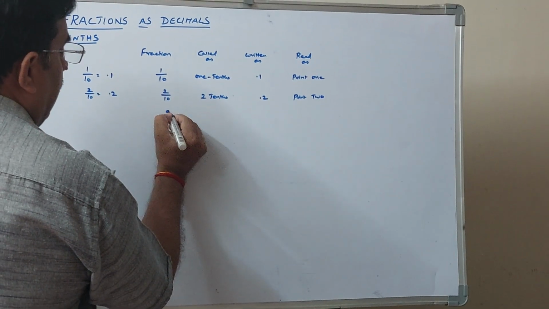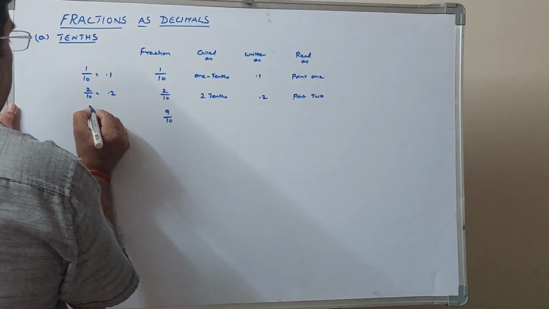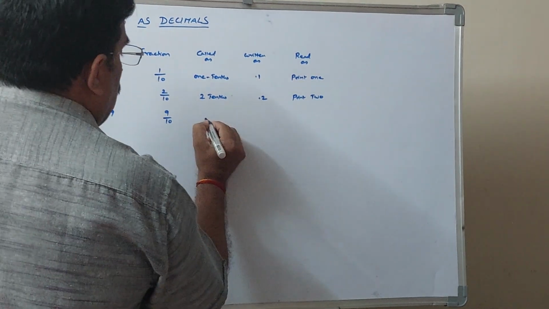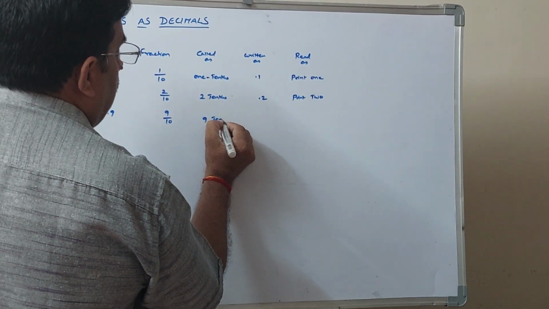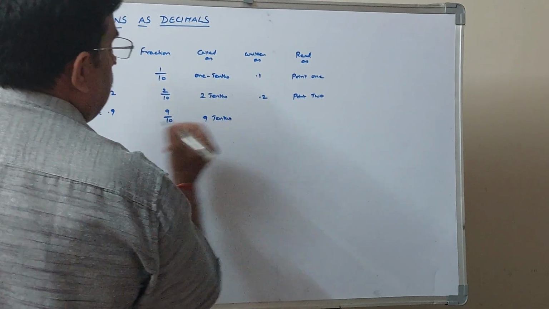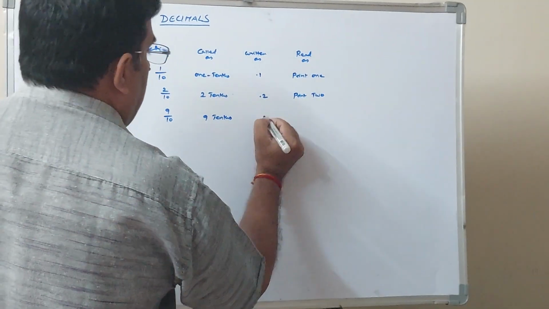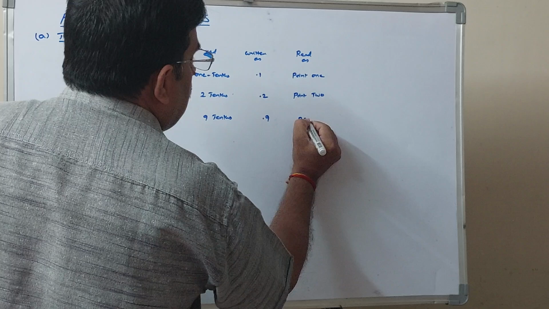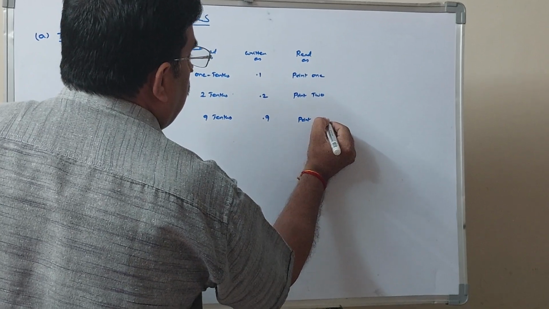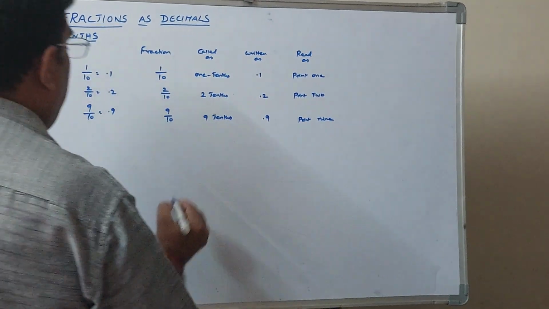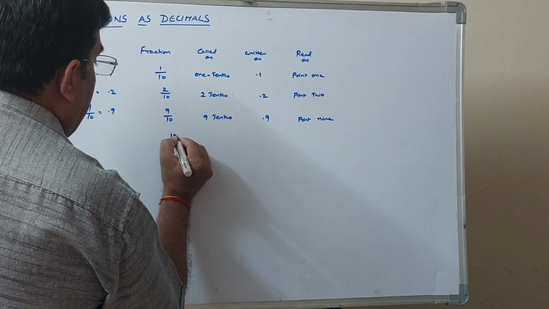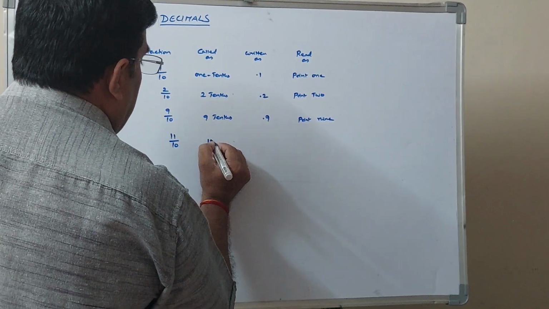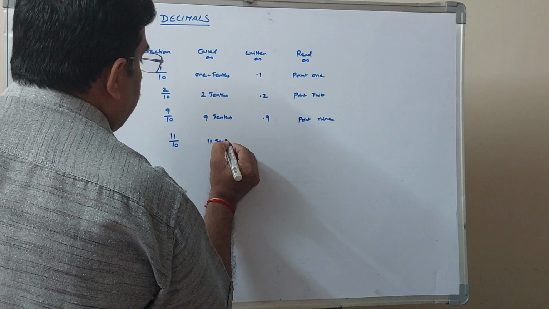Similarly, 9 by 10 is equal to 0.9, called 9 tenths, and it is 0.9, read as 0.9. If I am having 11 by 10, it's called 11 tenths.